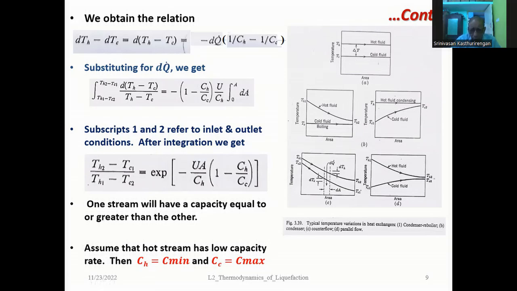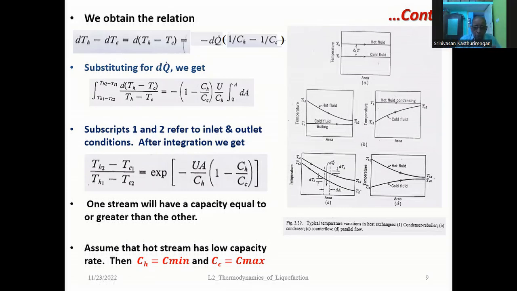Now, maybe in one case, in configuration B, only one fluid is condensing or boiling, the hot fluid condensing, but the cold fluid is not. It is just at a different temperature level. So you can have two other configurations possible for the type of flow inside the heat exchanger.